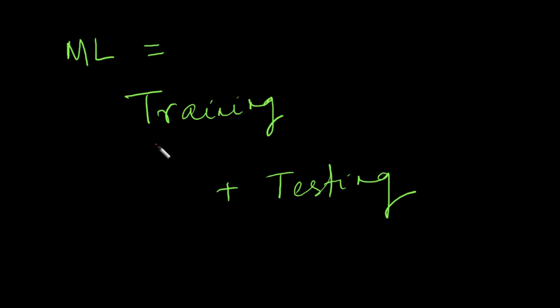So the training accuracy is a measure of how well your algorithm is able to predict the training data outputs, and testing accuracy is a measure of how well your trained algorithm is able to predict the testing data outputs. So now what you can do is form a matrix.